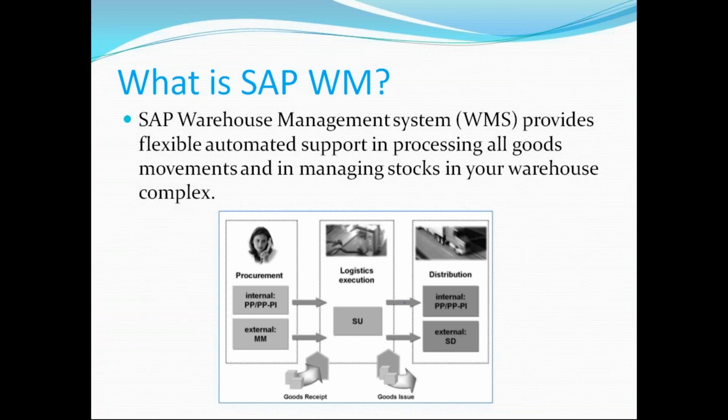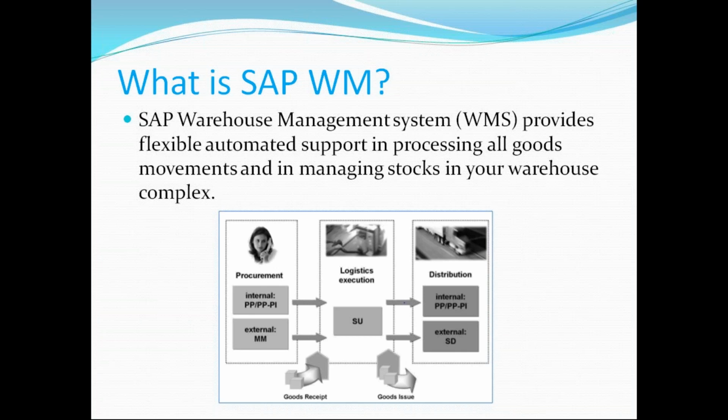Next, I'll explain how the warehouse management system is linked to the goods issue process. As I explained on the procurement side, your warehouse management can be linked to your internal distribution process or external distribution process.